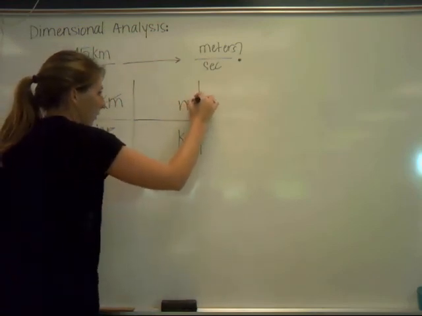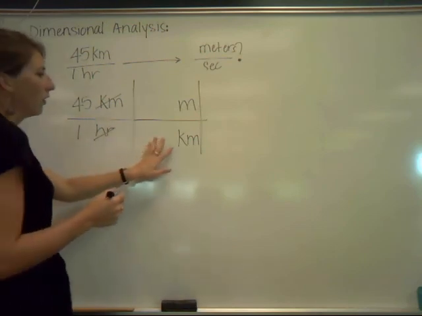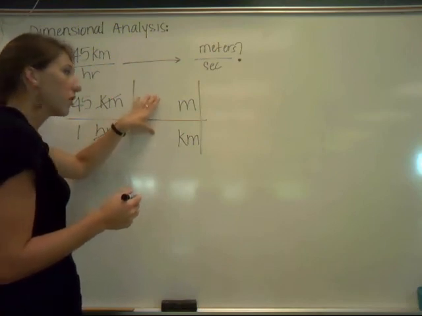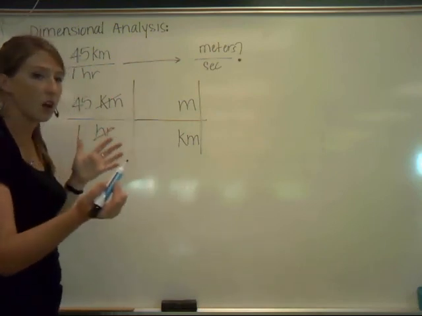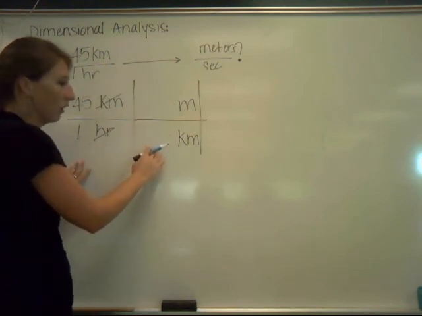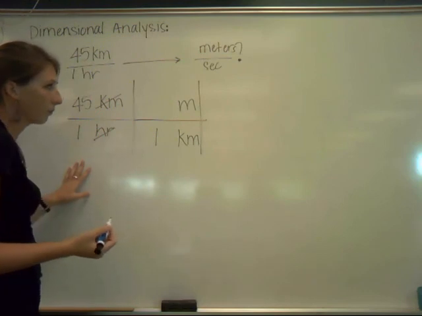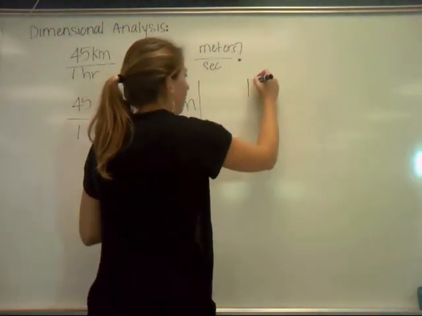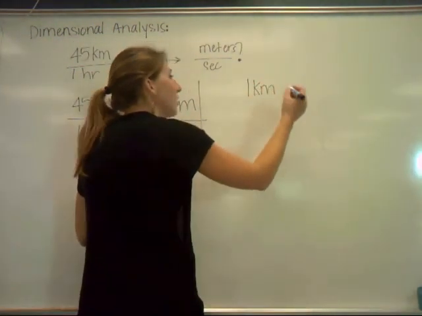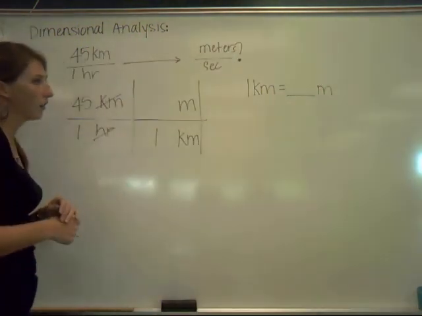And I know I have meters on the top. But where do I go from there? Okay, well, since you don't know what you need to start with, just assume that you need to start with 1. You can pick 1 for either one of these. I'm just going to pick 1 for kilometers because that's where we started at. So I know I have 1 kilometer. Then you do your conversion for how many meters. It's as simple as that.